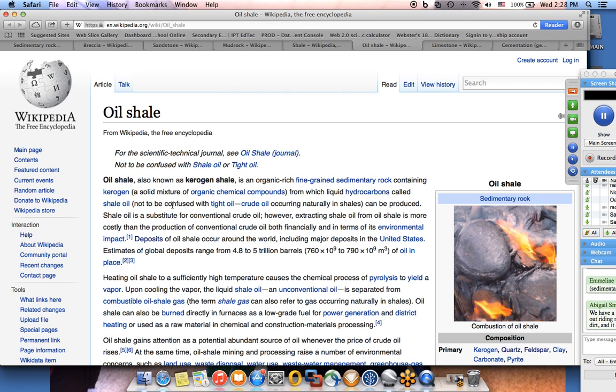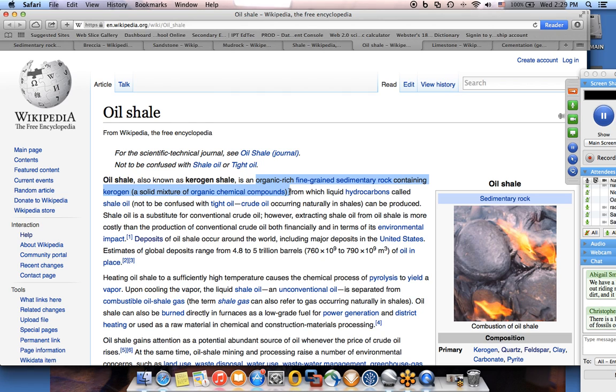The difference is basically that the oil shale not only has shale, the mud and silt clay mixed together, but also has an organic-rich, fine-grained sedimentary rock containing kerogen, a solid mixture of organic chemical compounds from which liquid hydrocarbons called shale oil can be produced.